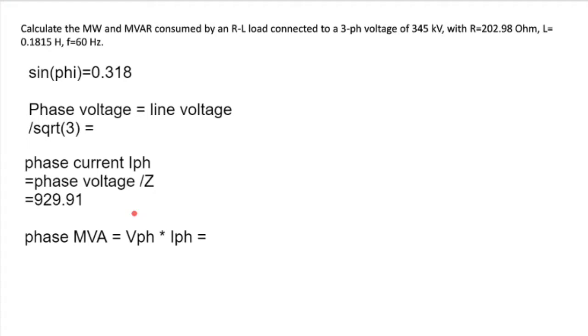You calculate in mega now. The voltage was in kilovolt, the current you wrote in ampere, but you make sure now that the phase voltage and phase current, when they are multiplied, are in volt and ampere, then you convert it to mega and tell me the answer.